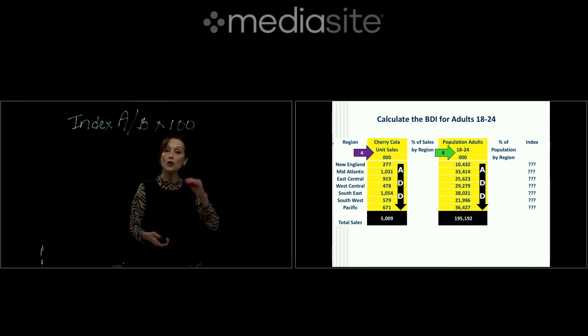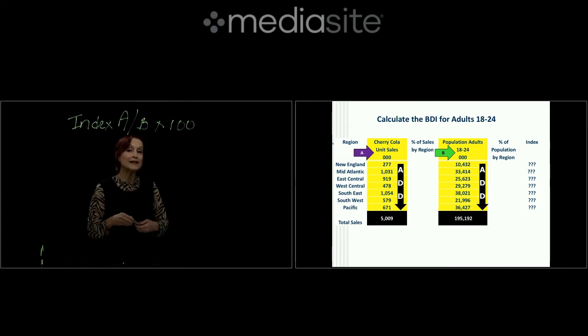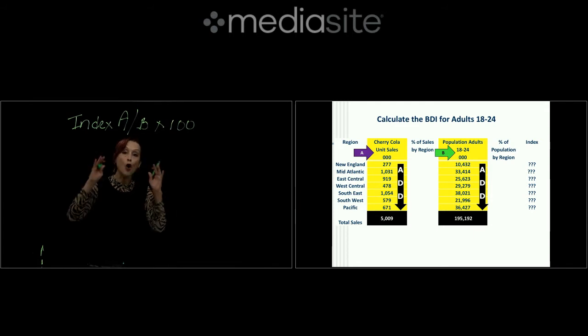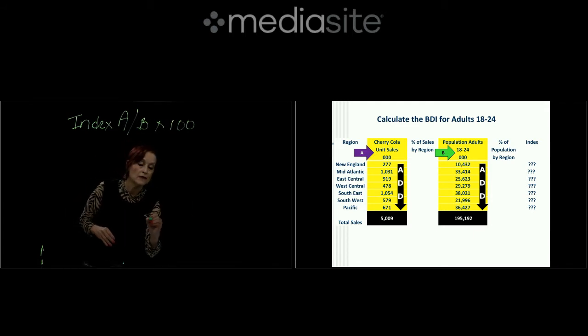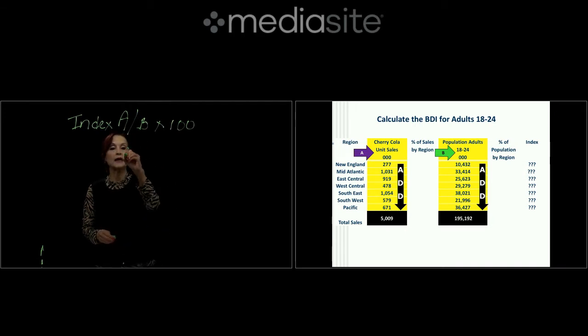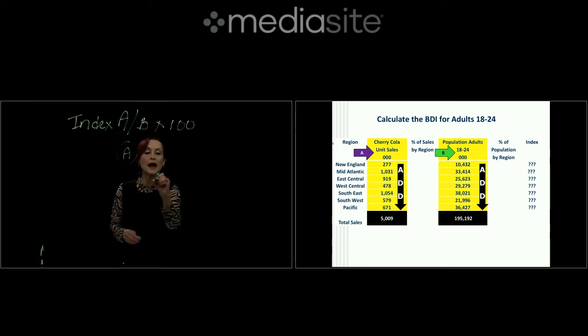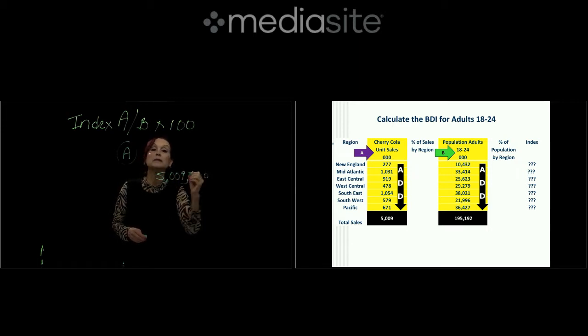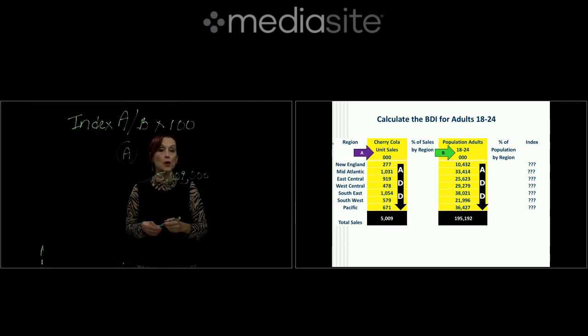So when you add all these numbers up, the unit sales for cherry Coke for all these regions is 5 million. So we're calculating A here, which is unit sales of cherry Coke. So it would be 5,009,000 total unit sales sold for cherry Coke for all these regions listed.